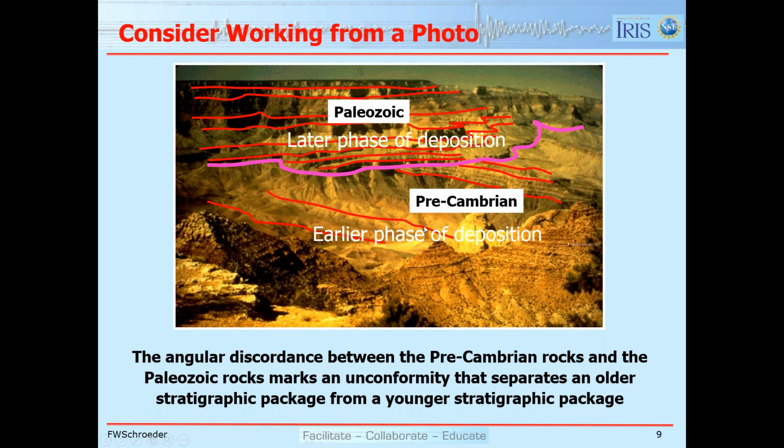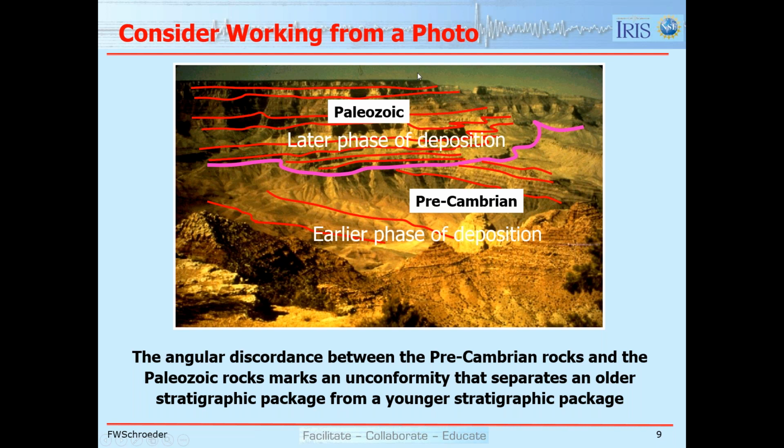And so I can break this into two mega periods of deposition. The first is characterized by the units that are dipping down to the right, or that would be towards the east. Then I have a major break in deposition. Some of it is buried by the talus slopes, but it's about where the magenta line is.